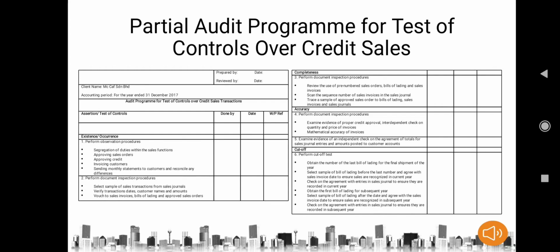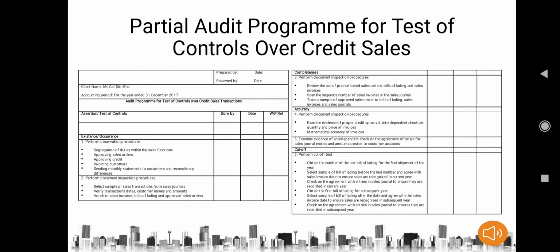As an example, select a sample of sales transactions from sales journals, verify transaction dates, customer names and amounts, and vouch to sales invoices, bills of lading, and approved sales orders. The next key point is completeness. It is to perform document inspection procedures. As an example, review the use of pre-numbered sales orders, bills of lading, and sales invoices.